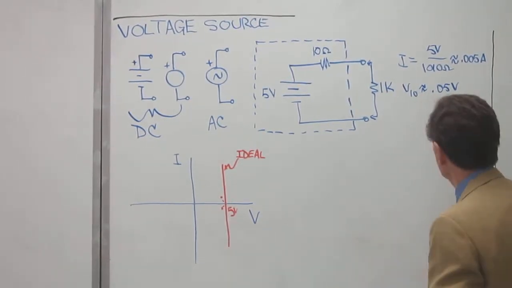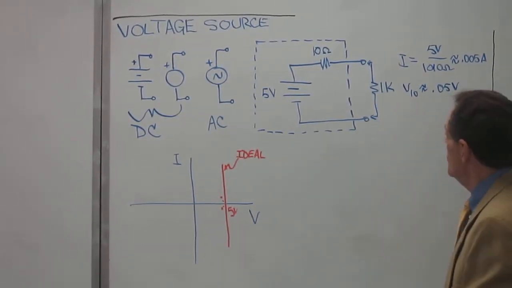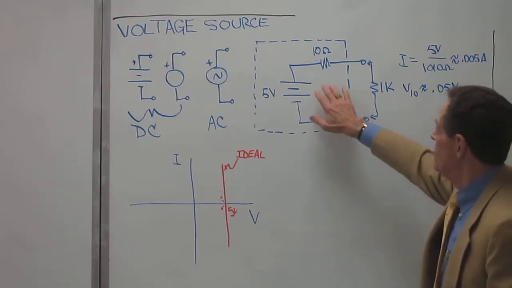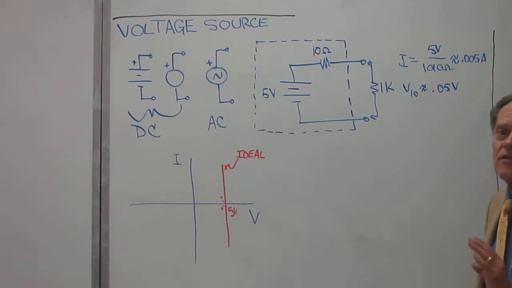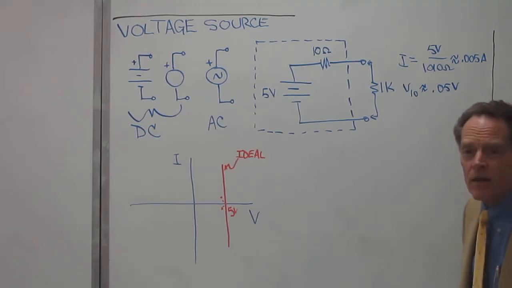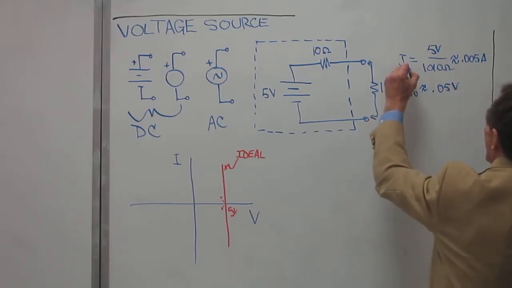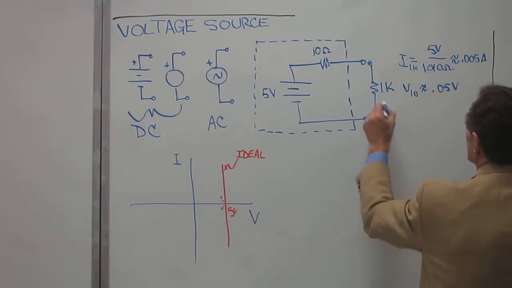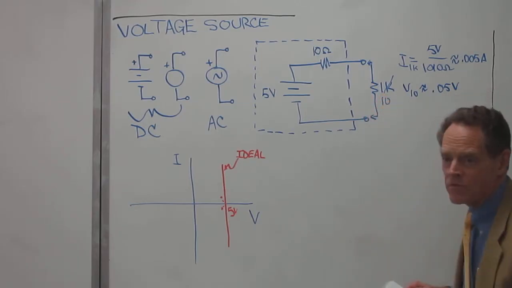And so supposing now, instead of a 1K resistor here, we really demand a lot of current from this voltage source in the form of a 10 ohm resistor instead of a 1,000 ohm resistor. So I'm going to say I sub 1K is this thing, and now supposing instead of 1K, it is just 10 ohms.